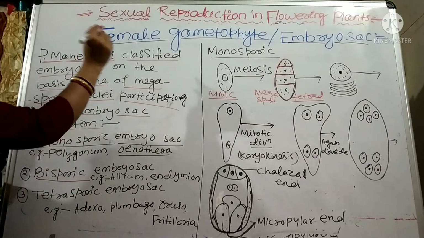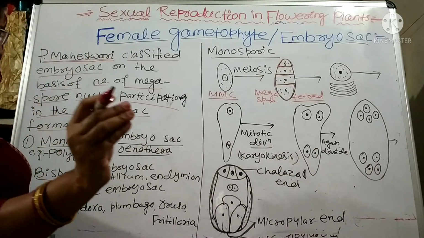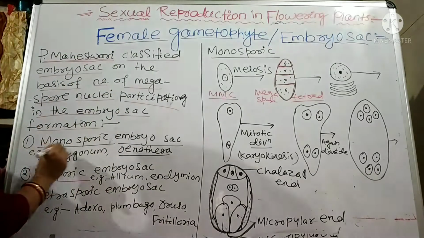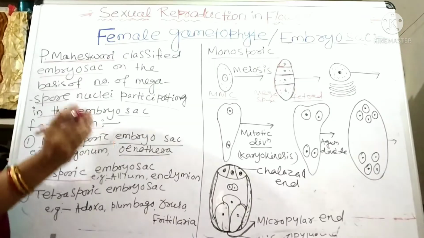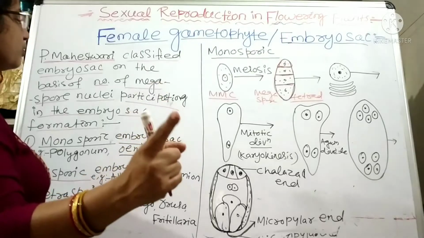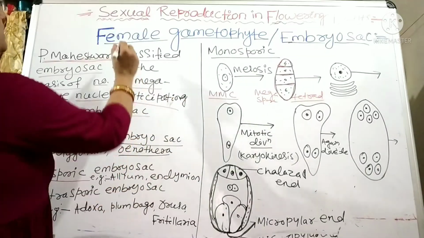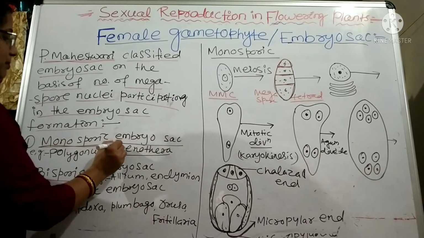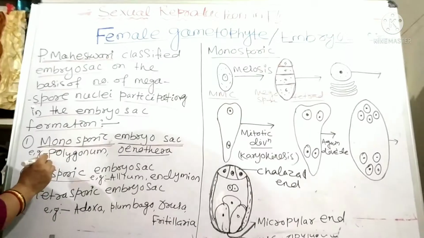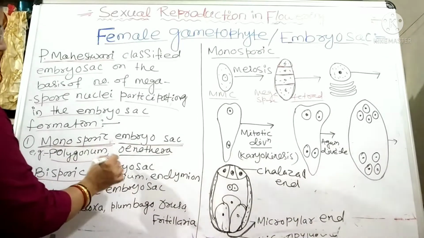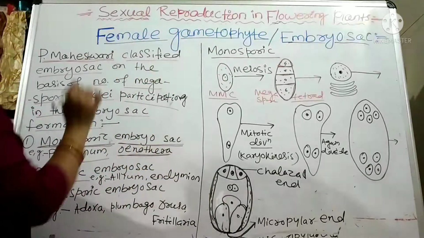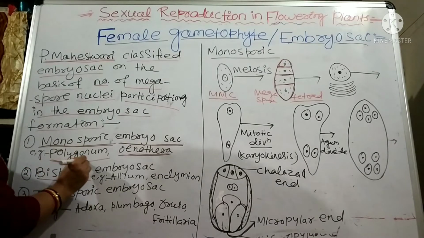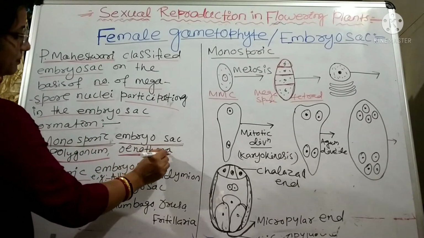According to P. Maheshwari, the female gametophyte or the embryosac is of three types. Monosporic embryosac: when only one spore is participating in the formation of the female gametophyte, that is known as monosporic embryosac, and the examples are polygonum type and oenothera type.